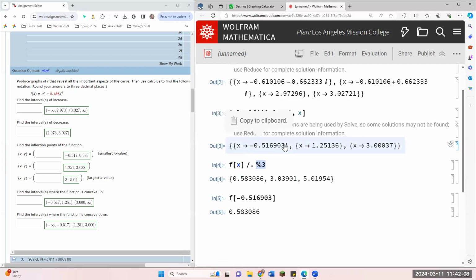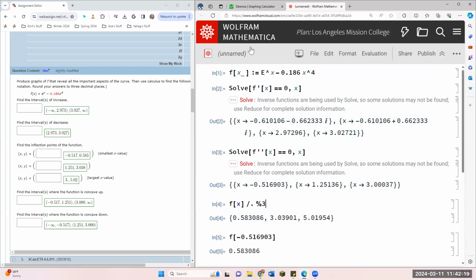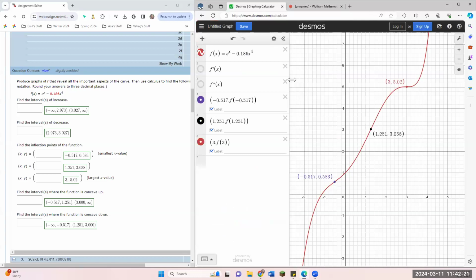And since these are already put in a format where you make the assignment, you could just have f process those. So those are ways in which we can use both Desmos and Wolfram Cloud to solve this problem. I hope you found that helpful.